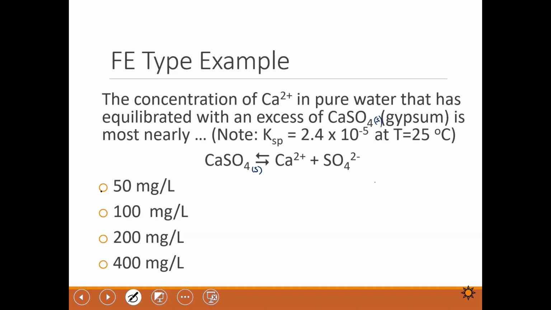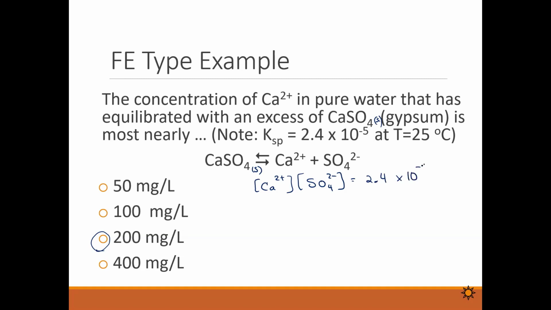The answer is 200. So we can write this as the concentration of calcium times the concentration of sulfate is equal to the equilibrium product. Note, I didn't include calcium sulfate. We'll assume that it's a pure solid. In all of these problems, you can assume that it's a pure solid. We start out with pure water, so we have no calcium or sulfate in that water.